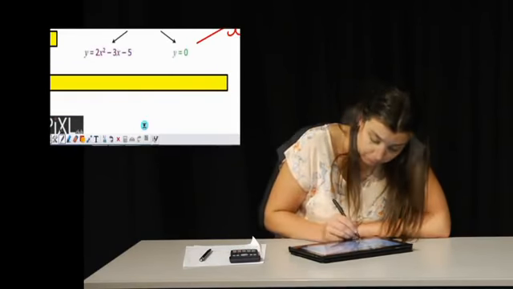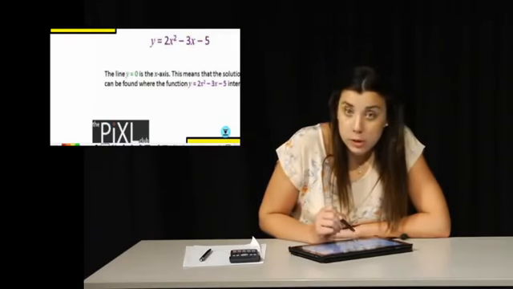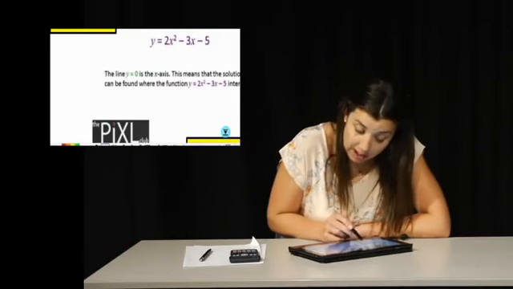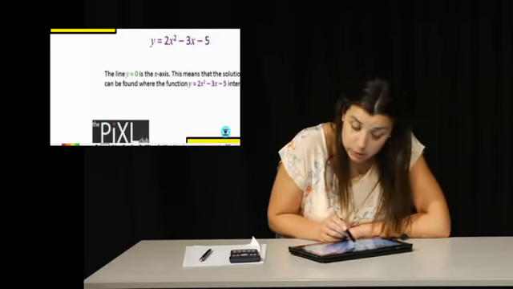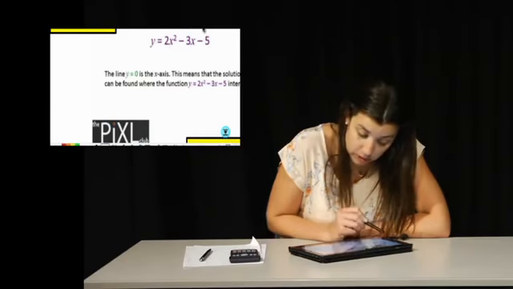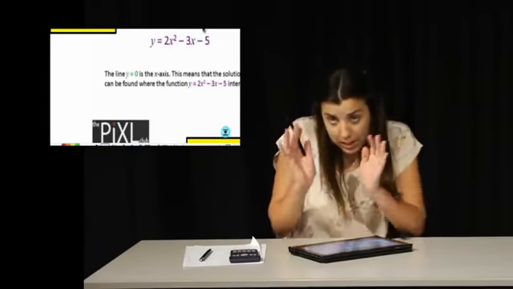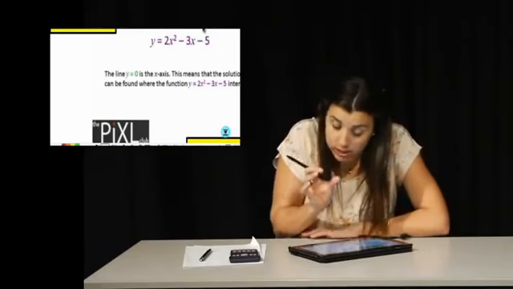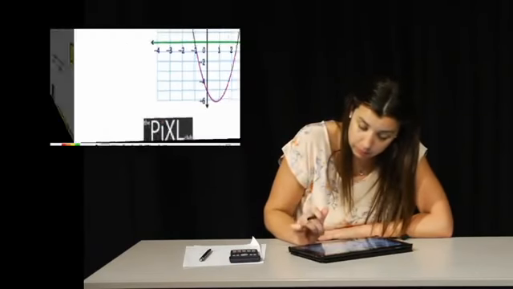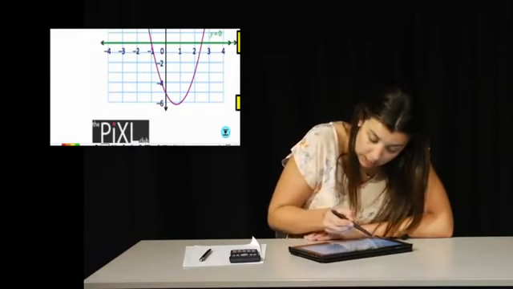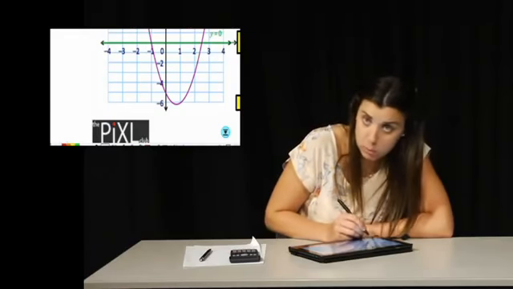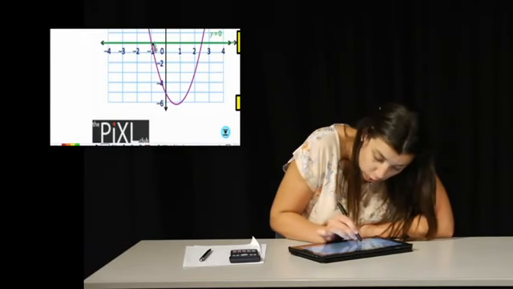Write that down. So this means that the solutions to the equation that we have up here, 2x squared minus 3x minus 5 equals 0, can be found when this quadratic that goes like this crosses the x-axis. So we're looking here now, we have two crossing points. Once again, a quadratic has two crossing points.